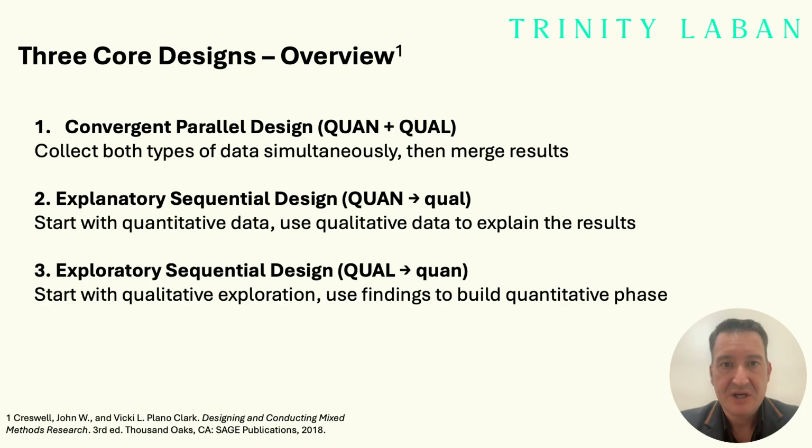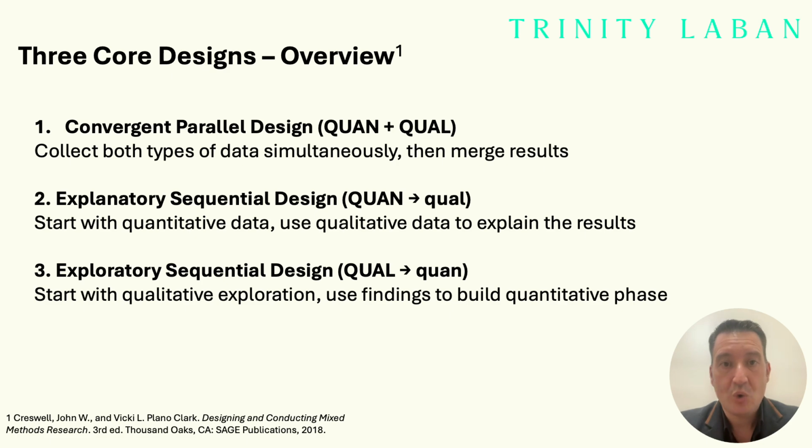The first, convergent parallel design, that's where you collect both quantitative and qualitative data simultaneously, analysing them separately, then bringing the findings together to compare, validate, or get a more complete picture. Second is explanatory sequential design.